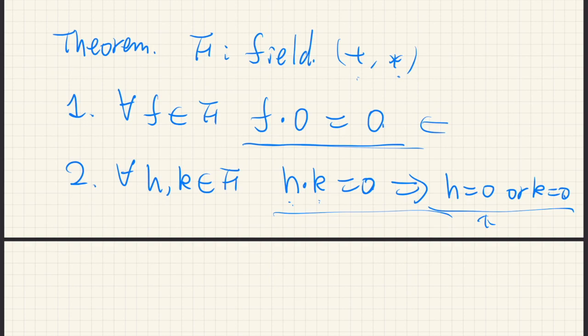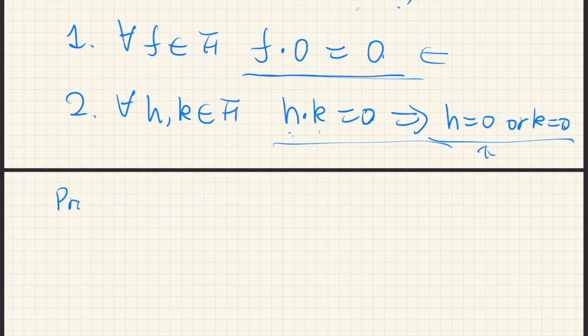So let's try to prove this. First, f times 0 is equal to f times (0 plus 0). This is because of the property of additive identity.